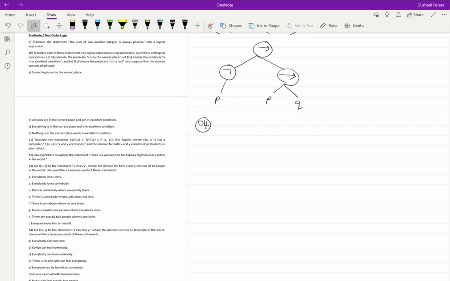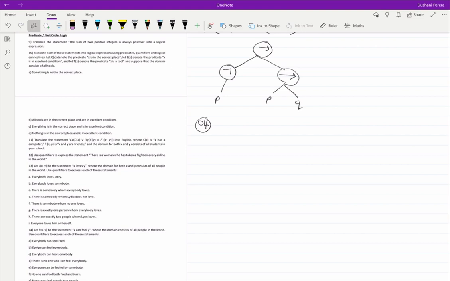In other words, it's valid. If a formula is said to be a contradiction, that means all of the outputs are zeros, are false. There's not a single case which will actually satisfy this particular formula. So that's the difference between being a tautology and being a contradiction. If it is a tautology, all the outputs are true. If it is a contradiction, then all the outputs are zero, false.